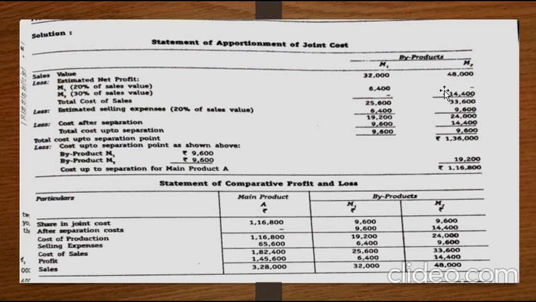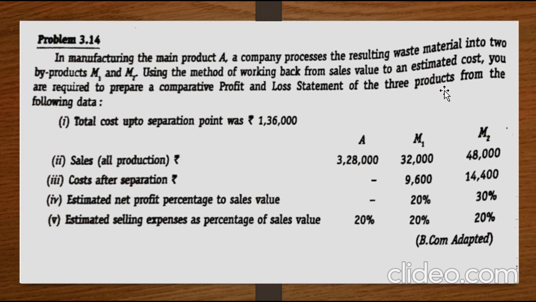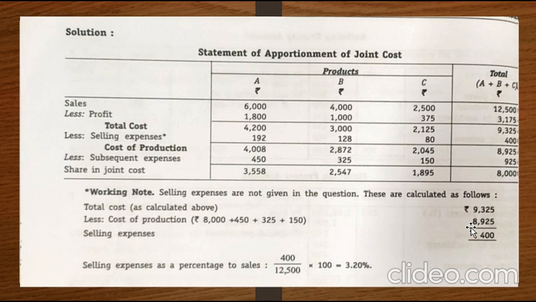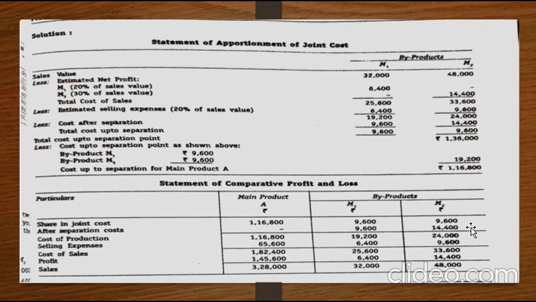So you need to check whether you have any selling expenses in the problem. So let us get into the question. Yes, they've given estimated selling expenses as a percentage of sales value. So they have stated 20% for M1 and 20% for M2. So it is 20% on the sales value. So how much is your sales value in the question? 32,000 and 48,000.